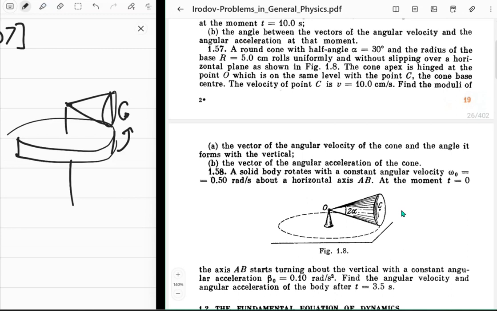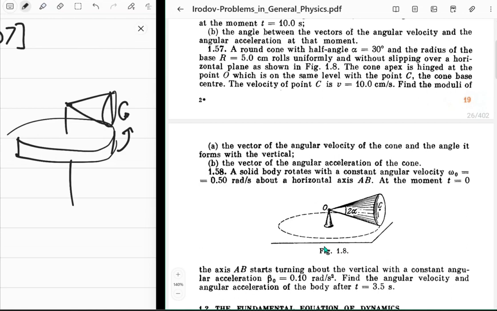Okay, then with respect to the platform, what the cone would be doing is exactly what we see right now in figure 1.8, right? It's moving such that it's going forward as well, right? Exactly. Yeah, of course.